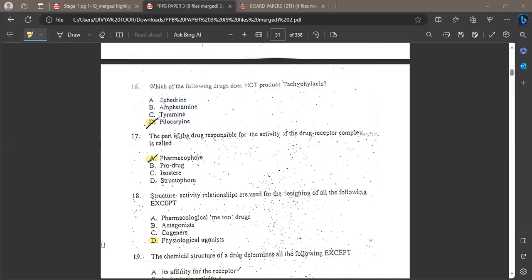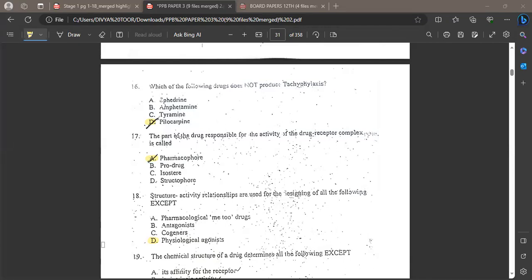Also, tyramine promotes the release of noradrenaline. So if noradrenaline is released, then it causes tachyphylaxis, right?